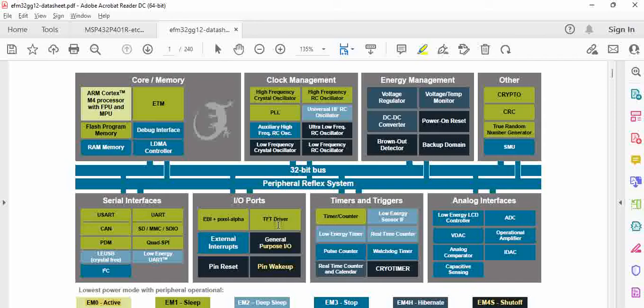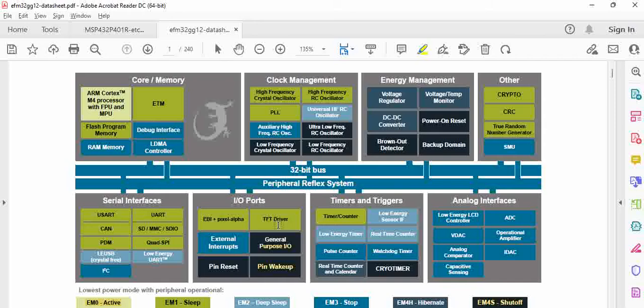What this pin wake up does is, from a general perspective, when you have a particular pin, you can have that microcontroller in sleep, and based on any external toggle that happens, toggle in the sense of an edge trigger, it could be going from high to low or low to high, and based on that you can configure your wake up pin, and the microcontroller can come out of sleep condition, and it can go to the state which you have defined.